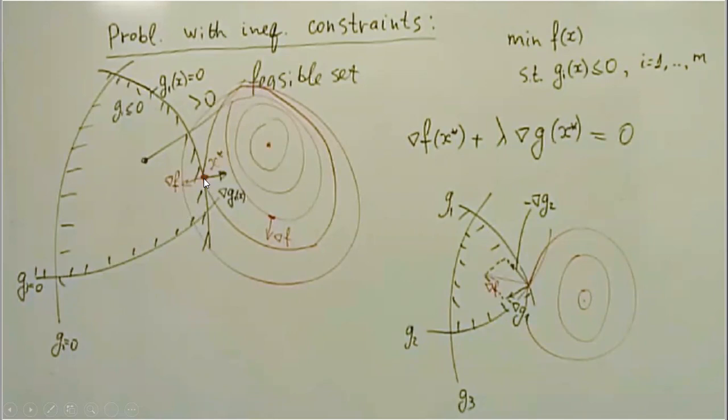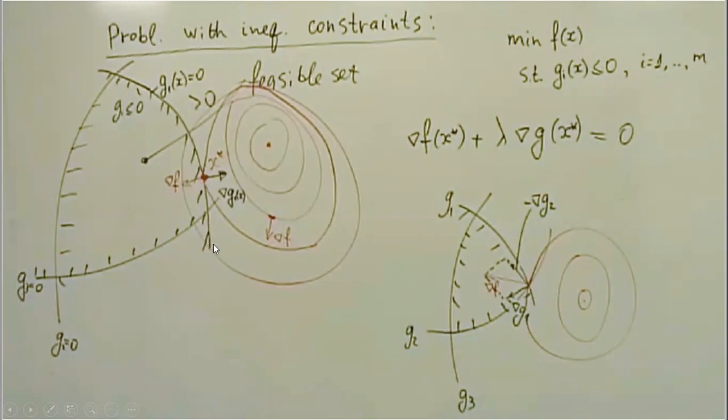And now we can also look at the direction of the gradient of f. This is the minimum. So we know that the gradient always wants to get far from the minimum point. In x star, the direction of the gradient of f is inside the feasible area because it's going far from the minimum.